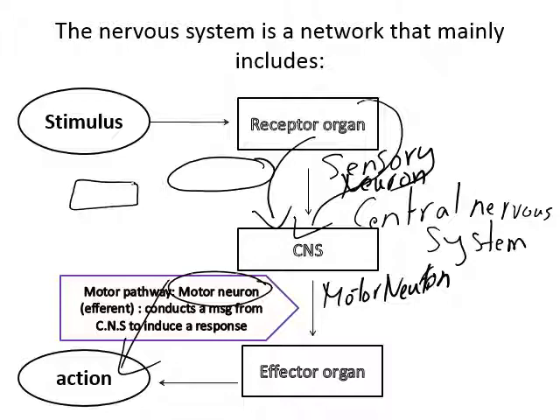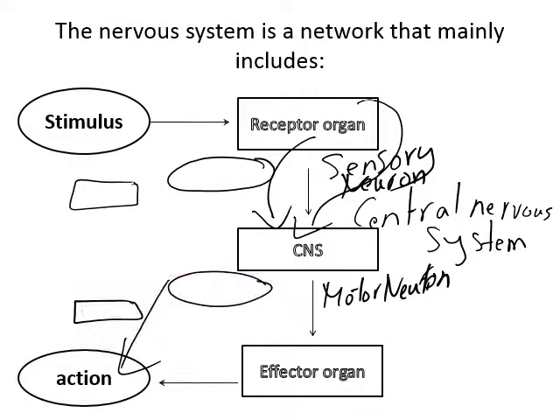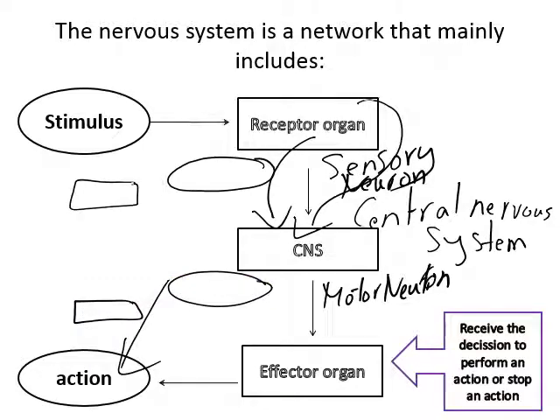This is by the help of the motor neuron, which is called efferent. So sensory neuron between receptor and the central nervous system. Between the central nervous system and the effector, we have a motor neuron, which is called efferent neuron. And finally, the effector organ receives the decision to perform an action or to stop an action.